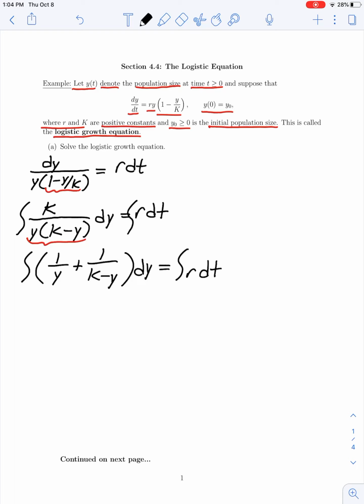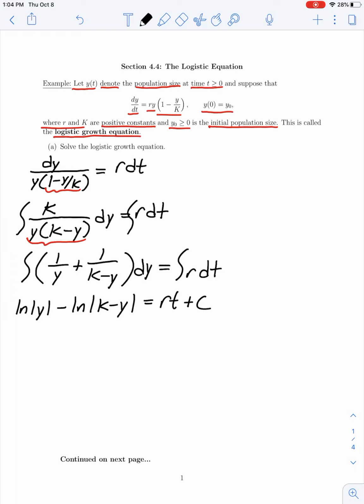Now, finding the antiderivative on the left-hand side of this equation, I have the natural log of absolute value y minus the natural log of absolute value k minus y is equal to rt plus c.